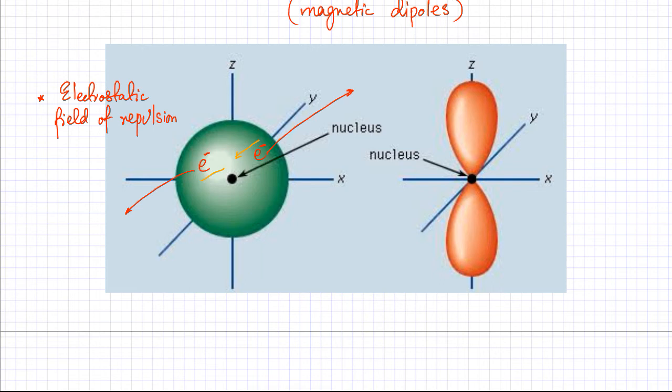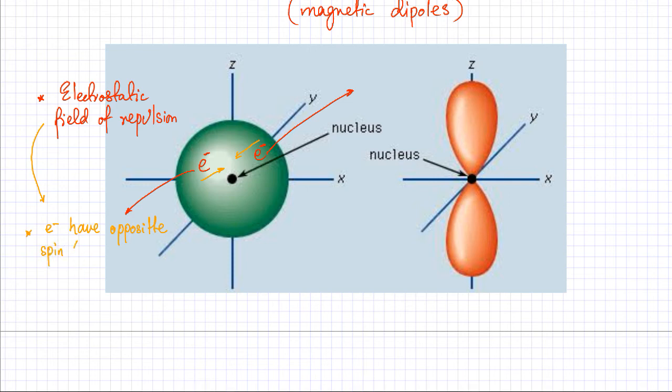So the 2 electrons would try and attract each other because they have a magnetic field that is opposite. They have opposite spins. So this electrostatic field of repulsion gets cancelled out because the 2 electrons have opposing or opposite spins.